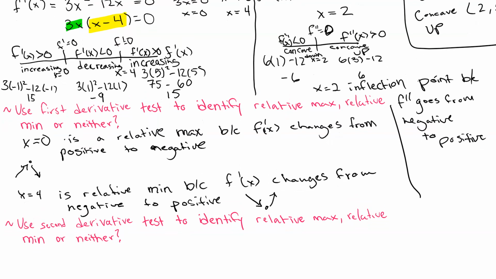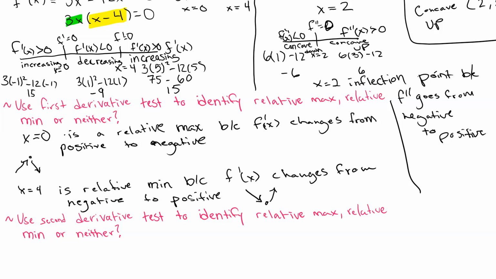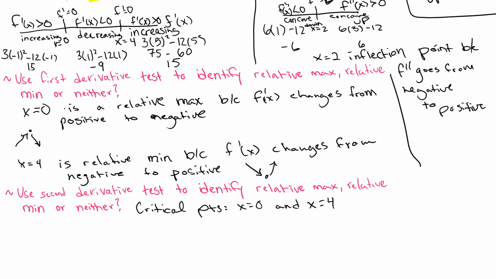The second derivative test has us looking at the second derivative at our critical points. So remember, our critical points are where the first derivative equals 0. So our critical points are x equals 0 and x equals 4. So now we look at the second derivative at those points. So our second derivative was 6x minus 12.